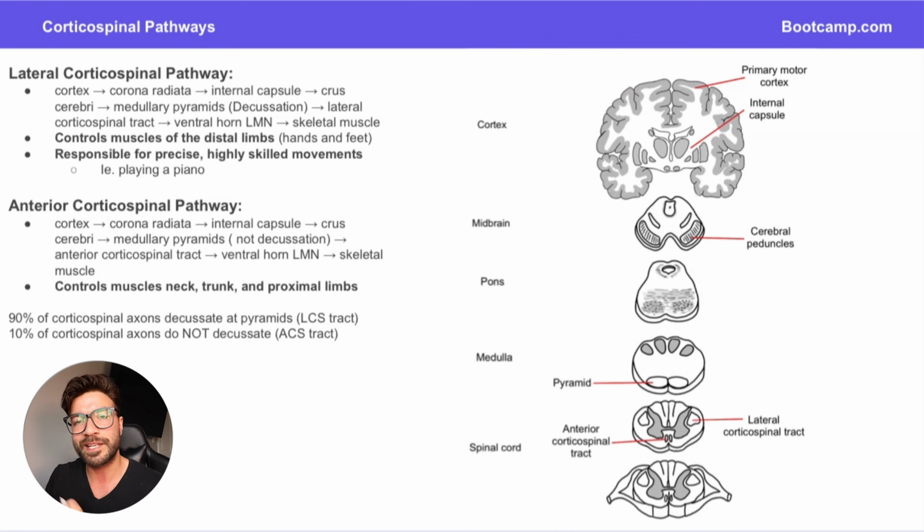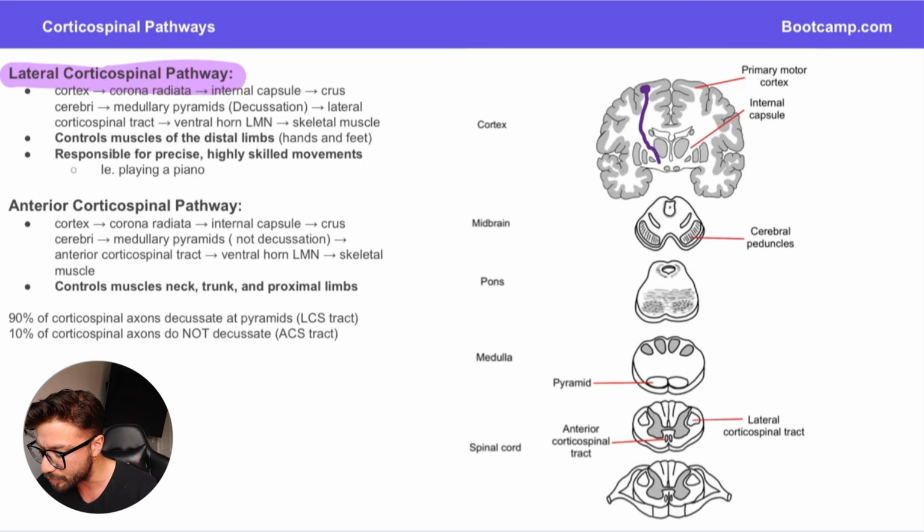So going back, let's take a look at the actual pathway for the lateral corticospinal tract. So starting off in the primary motor cortex, let's say we have an upper motor neuron, which is going to be controlling the hands. This is going to descend down through that corona radiata in the internal capsule. It's going to pass through the cerebral peduncles down, and then at this point of the medulla, this is where it's going to decussate at that medullary pyramid.